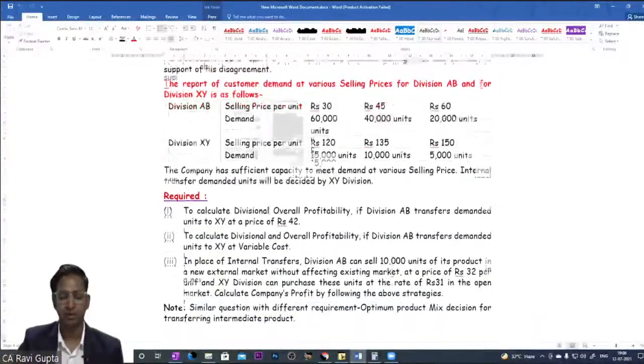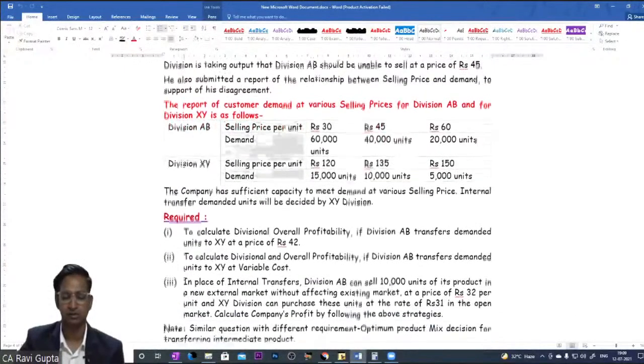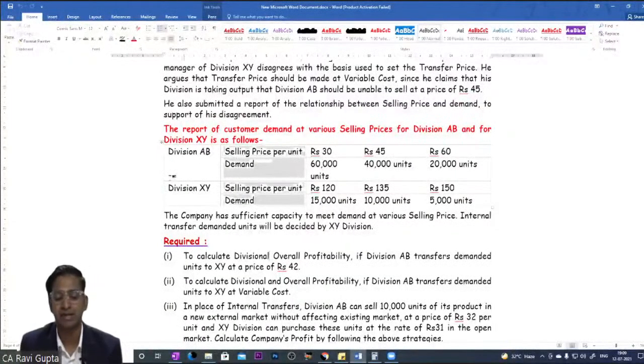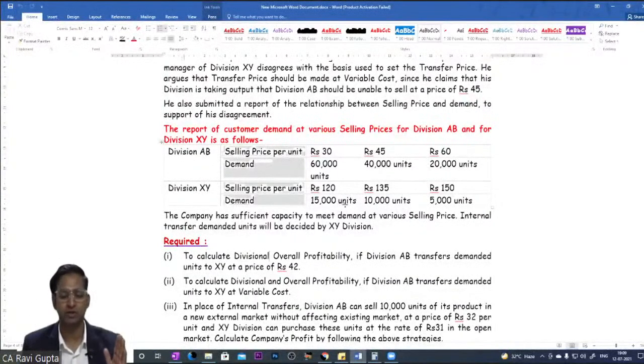And this is a situation you have to refer to. So first we need to analyze it from the point of view of division XY. What will be the operating level? Here there are 3 levels of operations. Either he can operate at 15,000 units, 10,000 units, or 5,000 units.